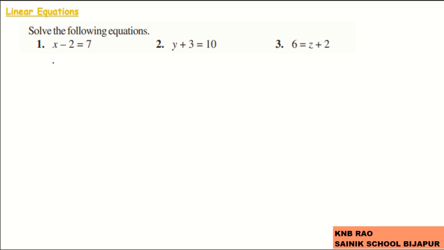Here in the question number 1, I'll not do all the steps, children. I'll just crisply say, here in the first one, 2 is a subtrahend, I will transpose it to RHS.